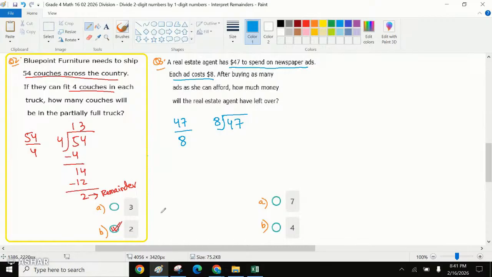See, we know that 8 multiplied by 5 is 40. 8 multiplied by 6 would be 48, right? But we have the number 47, so we cannot consider 48. So we write 5. This is 40. And we would be left with 7 as the remainder, right?